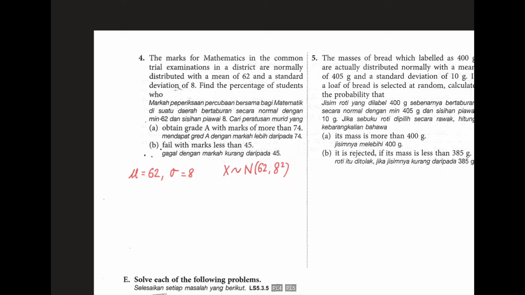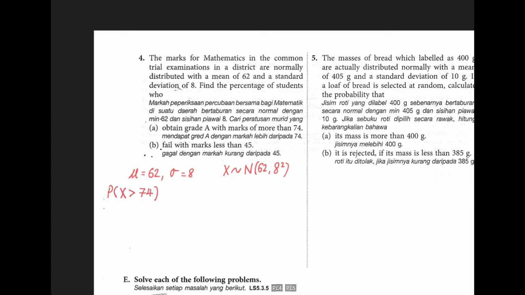Then find the percentage of students who obtain grade A with marks of more than 74. That means we have to find the probability for X more than 74.